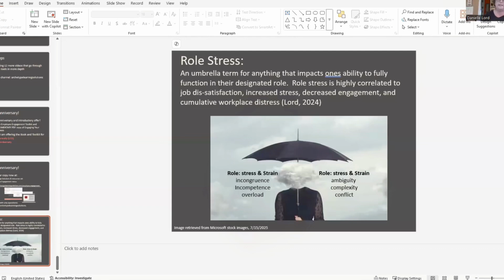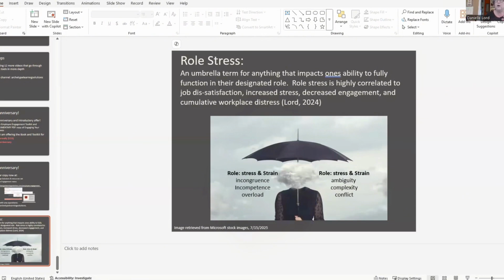This idea of role stress or strain is somewhat of an umbrella term that covers a lot of different variables. It's really the challenges, whether they come from the organization itself, from individuals, or even the employees, that impact an employee's ability to function to their fullest extent within a particular role.